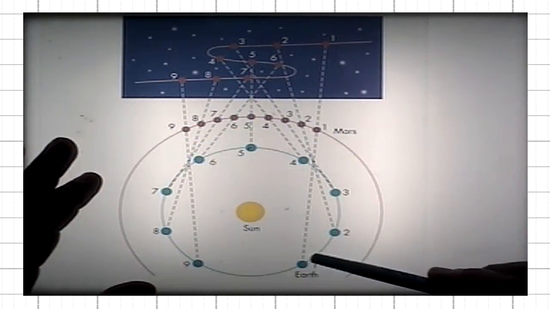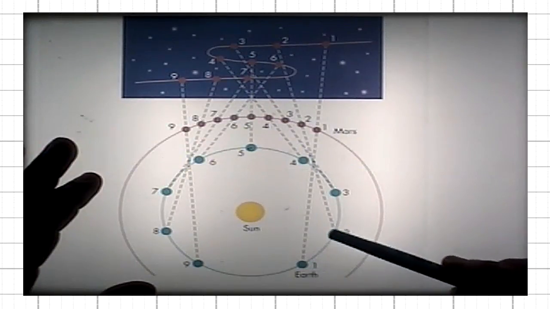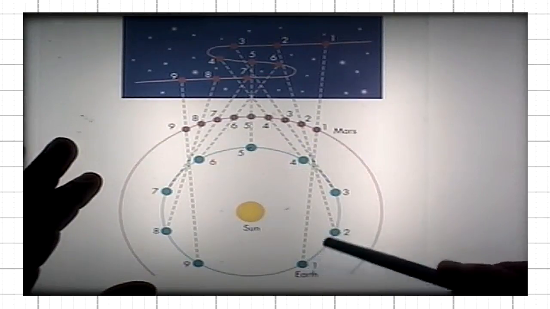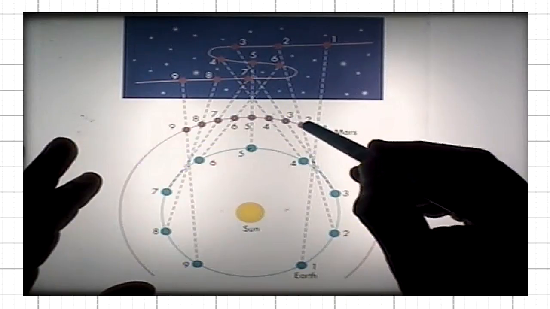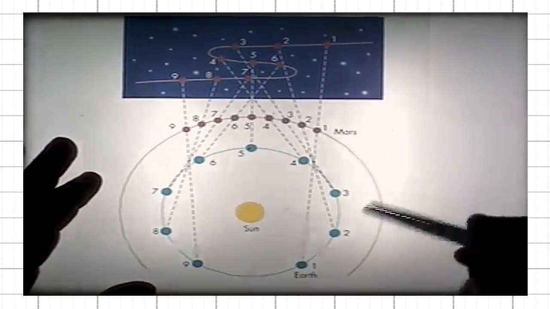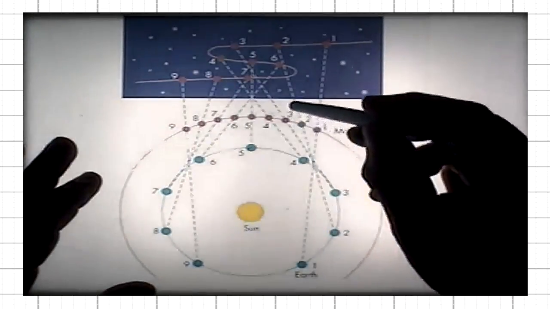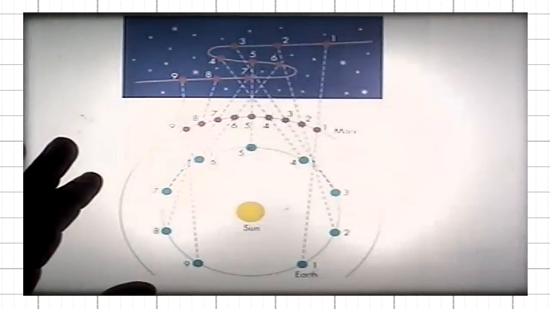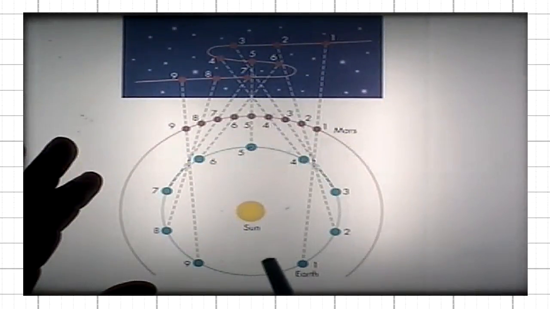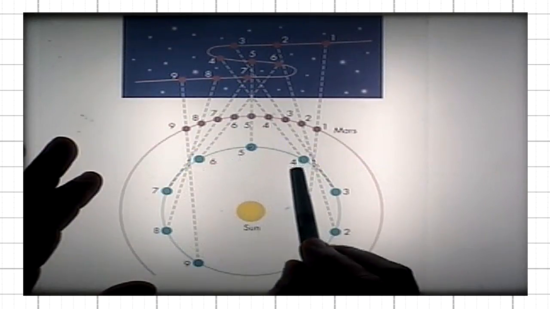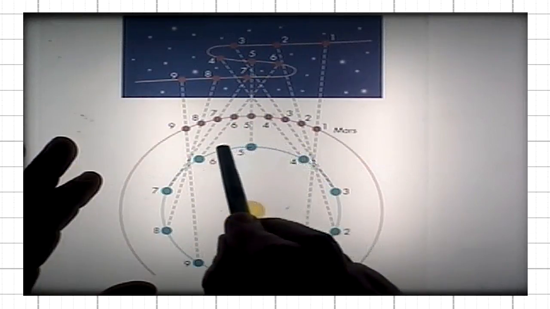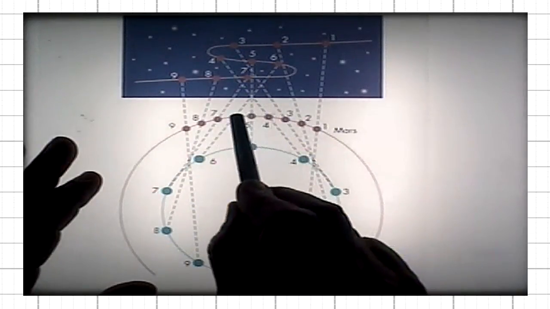Then sometime later, when the Earth is here at 2, it has moved this distance, but because the Mars is slower, it has progressed smaller distance, right? Nevertheless, we see Mars to be here against the background stars. But then, between 4 and 6, if you will, the Earth is overtaking Mars.